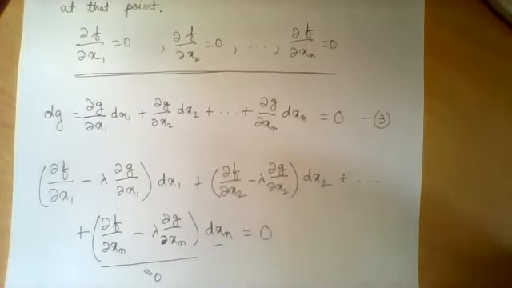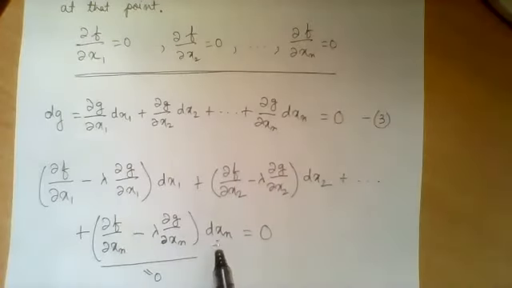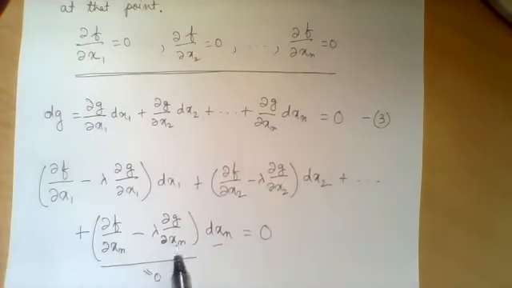Lambda can be any parameter which we choose. We choose lambda in such a way that the coefficient of the dependent variable xn is 0.